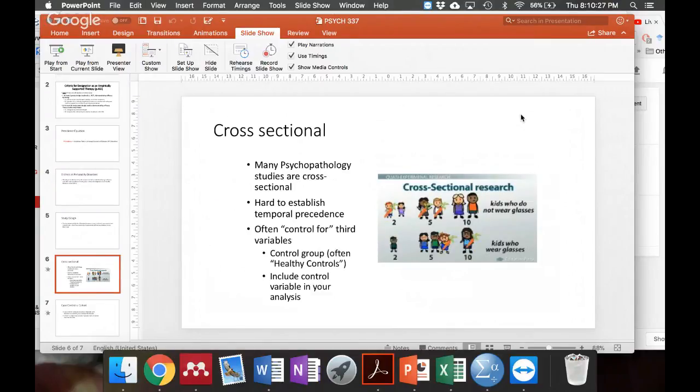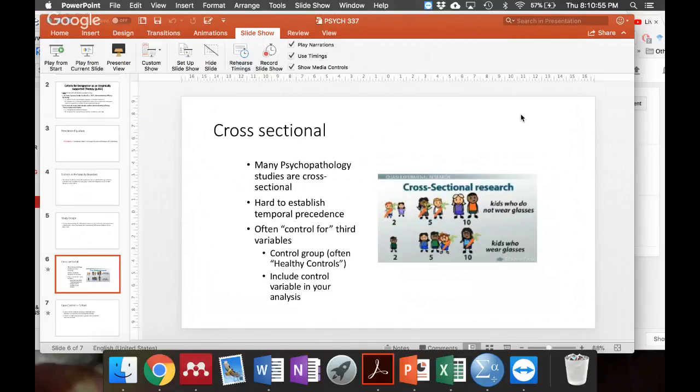A limitation of these studies is it's hard to establish temporal precedence. For instance, if you were trying to understand whether an event preceded the onset of a disorder and whether those two things were associated, it's hard to necessarily establish whether an event led to the onset of a disorder or the worsening of symptoms.